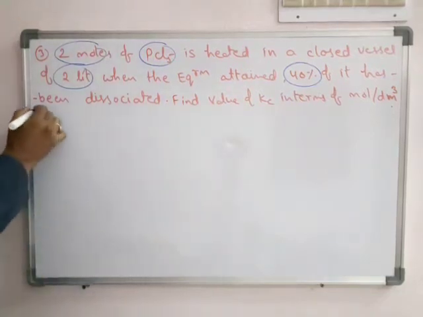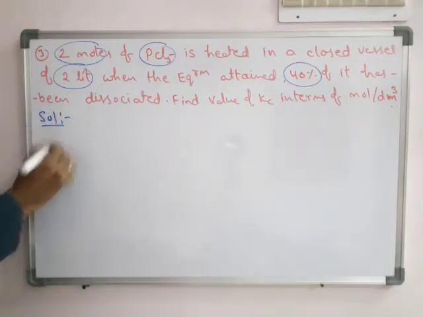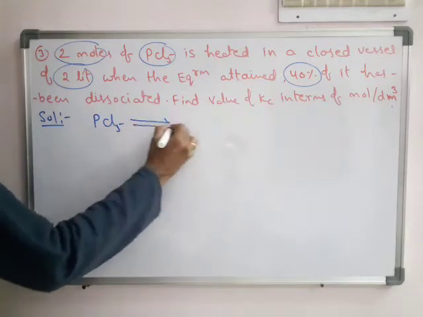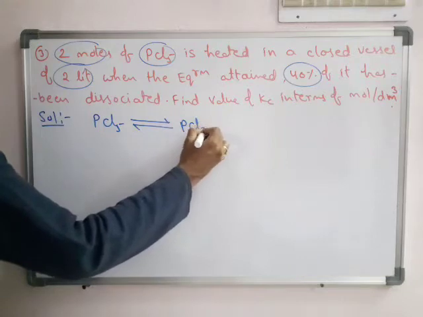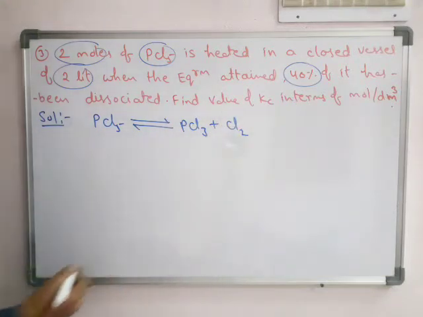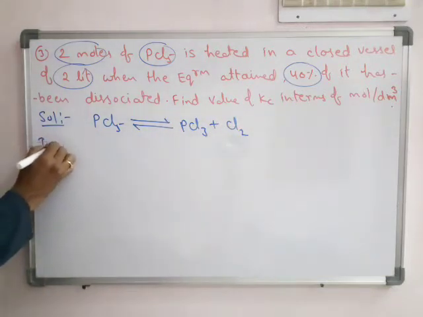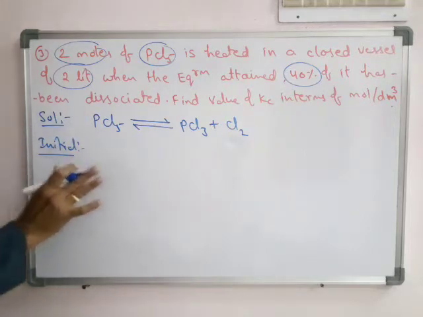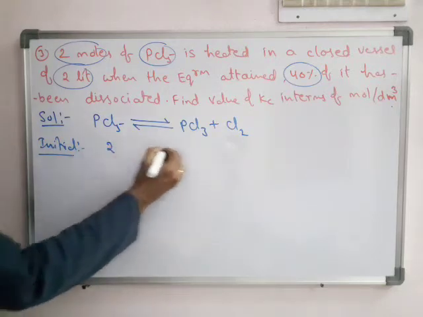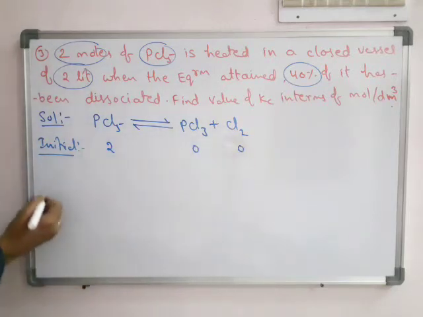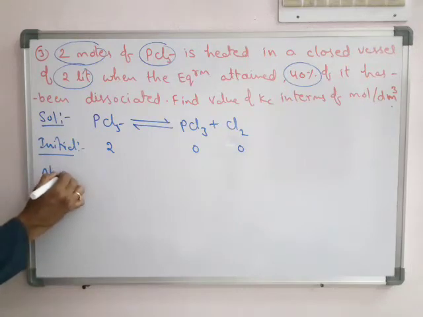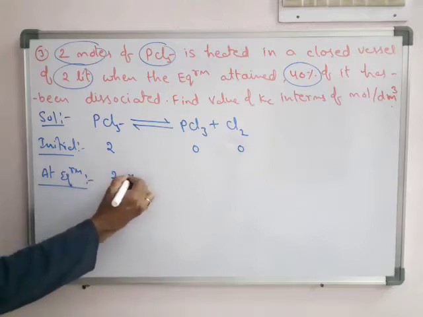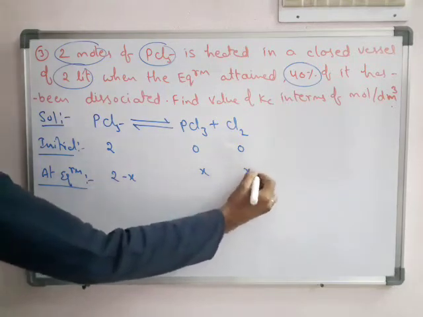So write the reaction. We know the dissociation of PCl5 gives phosphorus trichloride plus chlorine, all gases. So what is the initial? We are taking the initial number of moles, not concentration: 2 moles and 0 moles. At equilibrium we can say there is 2 minus x, x, x.